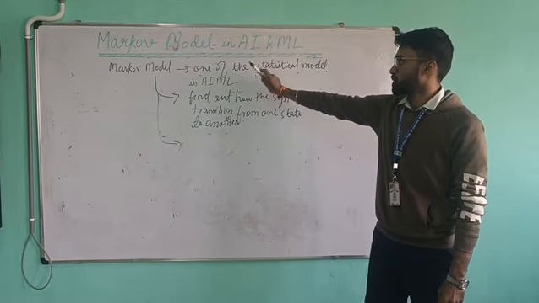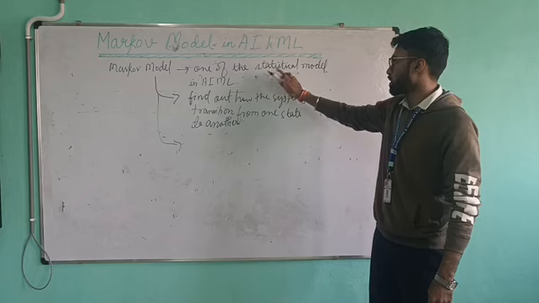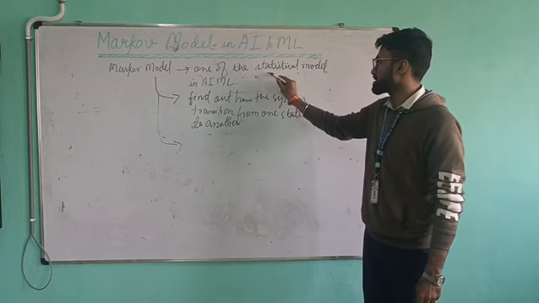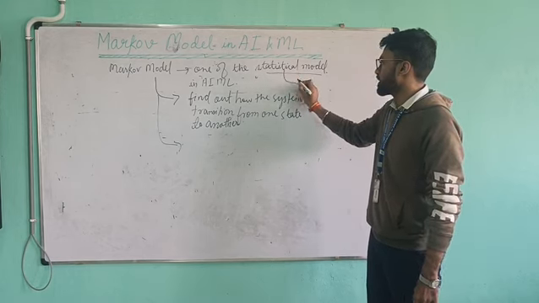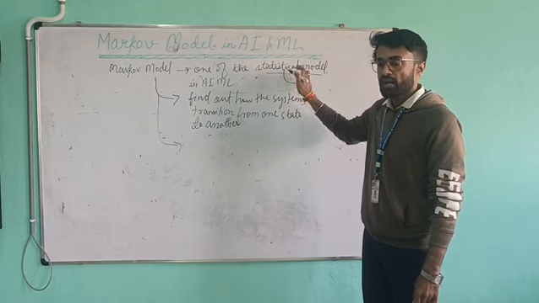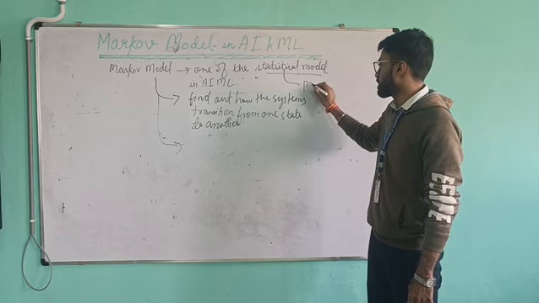First, what is the meaning of the Markov model? It is a statistical model used in AI. And why is it called a statistical model? Because it is totally linked with probability.